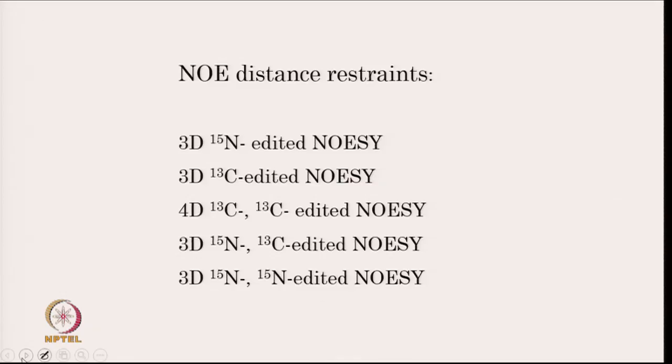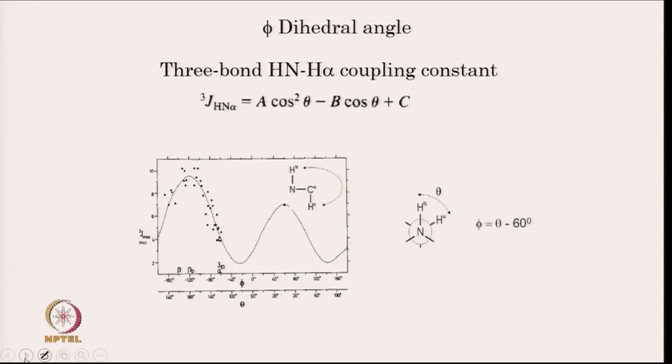The different NOE distance restraints can come from 3D 15N edited NOESY, 3D 13C edited NOESY, 4D 13C edited NOESY, 3D 15N 13C edited NOESY, and 3D 15N 15N edited NOESY. We can also use the dihedral information obtained from the 3 bond H alpha coupling constant.